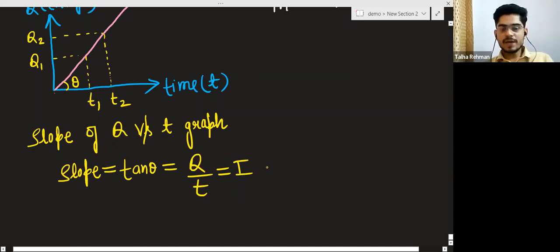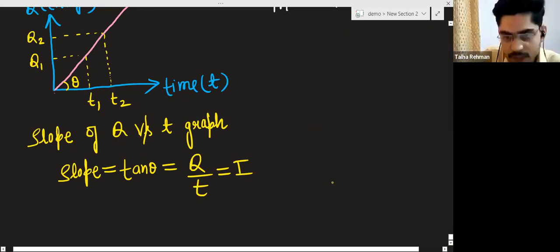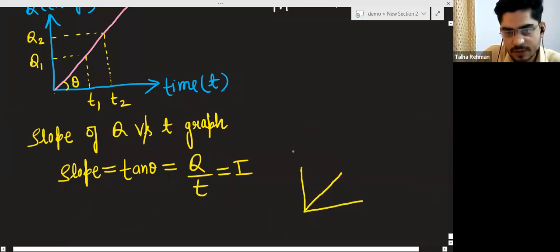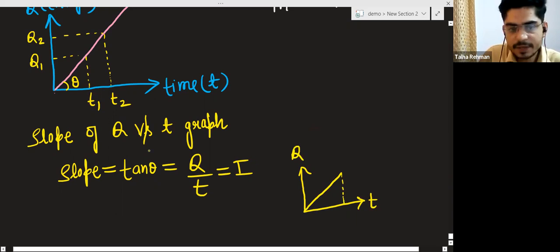Why have I written charge upon time? Please listen first, and after that you should write. This is charge and this is time. I have written slope equal to tan theta, that is equal to Q by t, and that is equal to current.